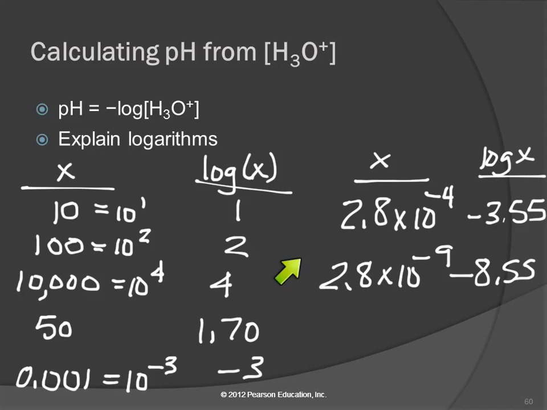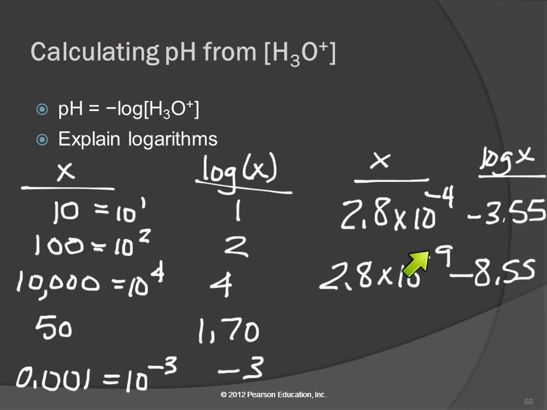So look at these numbers, and look at these numbers. What's the same about minus 3.55 and minus 8.55? The 0.55 part. And what's different is the 3 and the 8. What's the same between these two numbers? The 2.8. And what's different is the exponent.